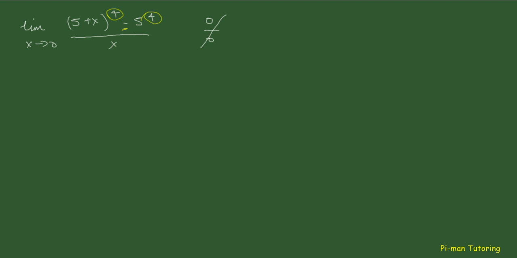So we can rewrite this expression: (5 plus x)^4 minus 5^4 is the same as ((5 plus x)^2)^2 minus (5^2)^2.